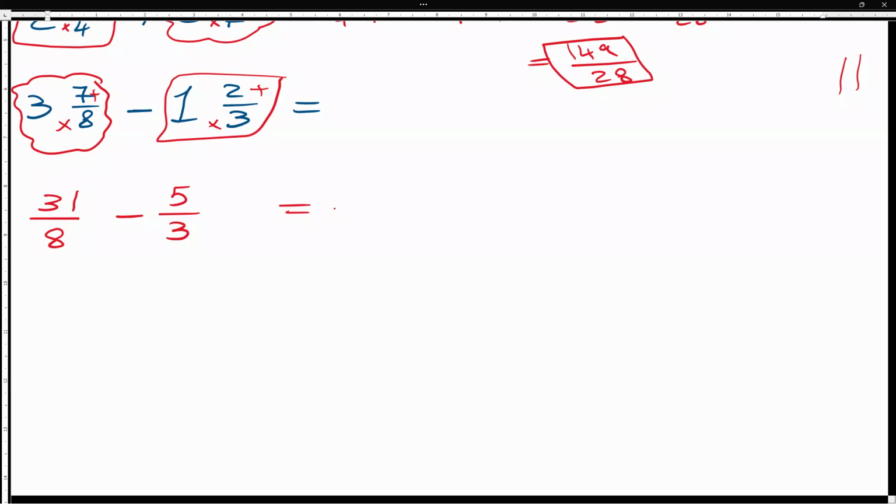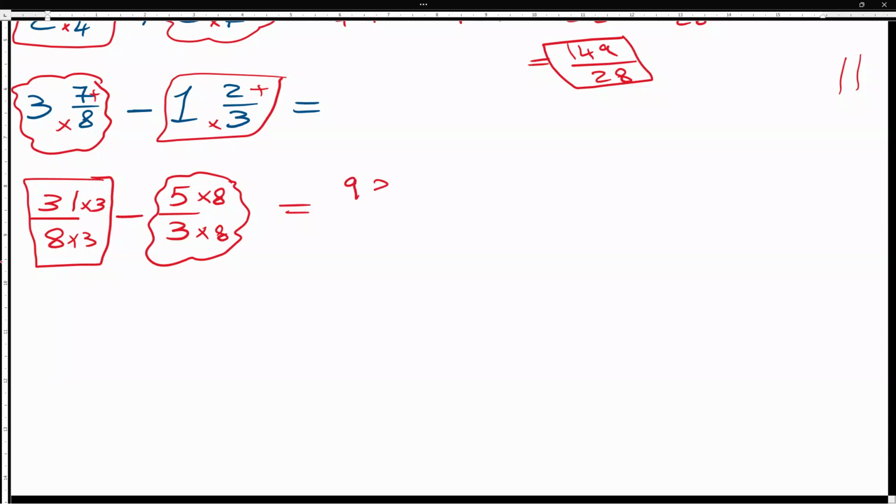Both of these fractions have different denominators, so I need to make a common denominator. So I'll multiply them to each other. Whatever I do to the bottom, I do to the top. Whatever I do to the denominator, I do to the numerator. Let's deal with this. 31 times 3, this is 93 out of 24 minus 40 out of 24.